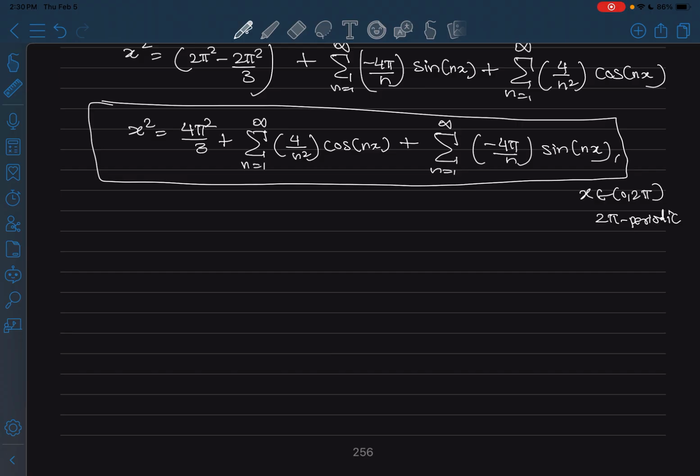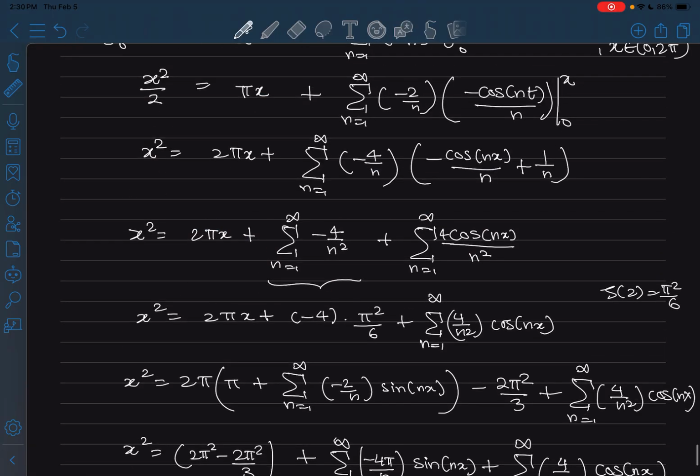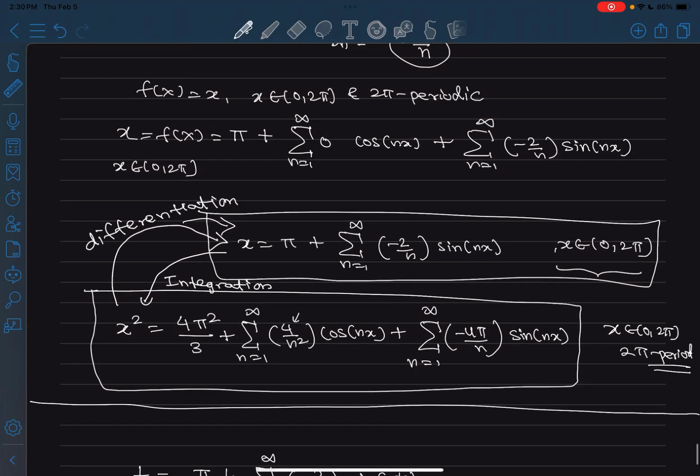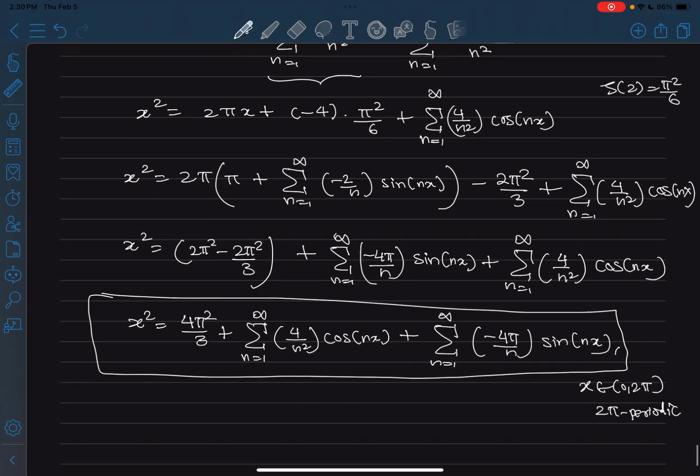Over there, the cosine term is going to become negative sine nx with n, and the sine nx term is going to become cosine of nx with n, right? Notice that in the last term the n cancels out, and we will just have a sum of the cosine only. Because the cosine is not there in the original series, that's how we discover something new, and I will show you.